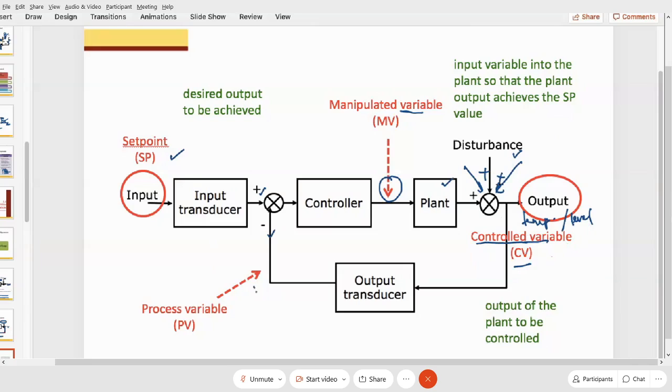The process variable is what you get when you convert the control variable using a transducer. In a control system, when you plot the block diagram, the arrow is very important to show the signal flow, the feedback going back here.